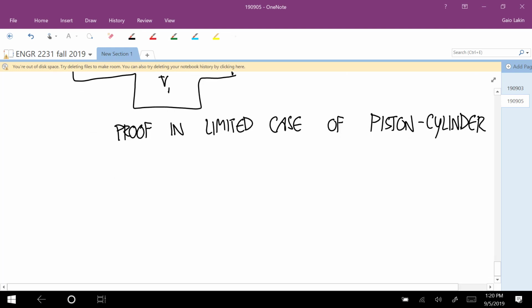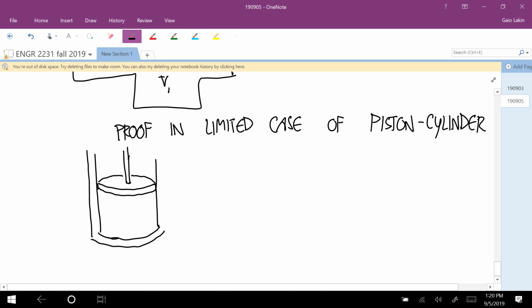So let's say that we have this piston, cylinder, and this is what we'll call the height h at any instant.